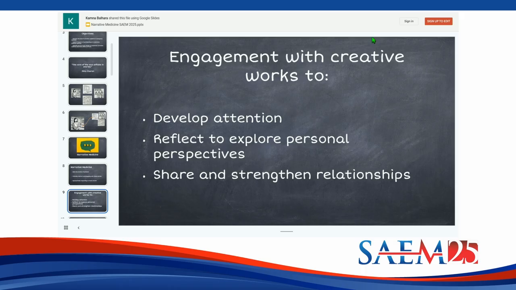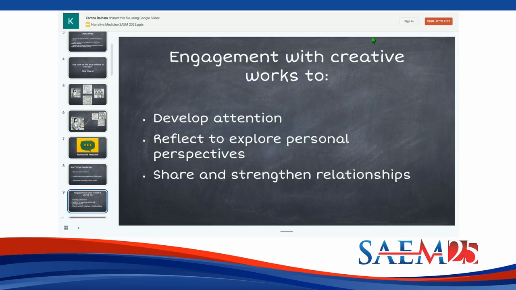But basically, there's some evidence that suggests that the neuronal pathways that are activated when you engage with creative work are pretty much the same neuronal pathways that are activated when you're doing any kind of critical thinking. So when you read texts, when you look at a picture, when you try to understand what a poem is trying to say, you're going through the same pathways.